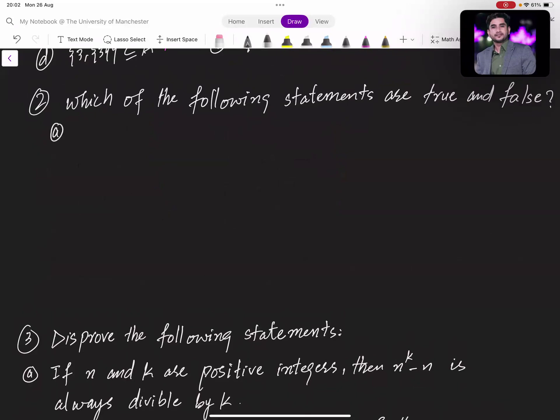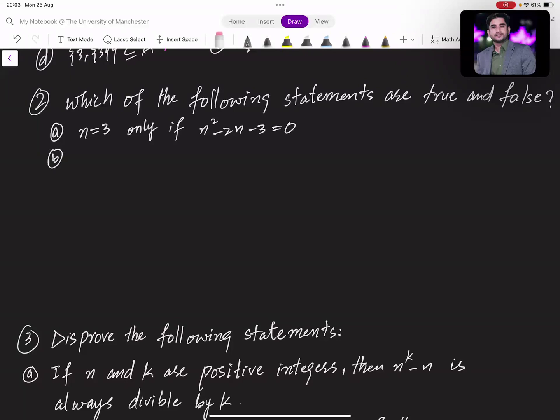Statement A is n is 3 only if n squared minus 2n minus 3 is 0.